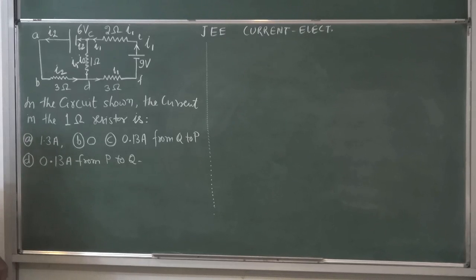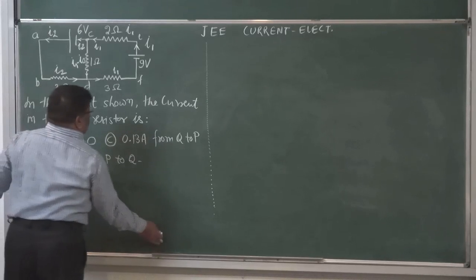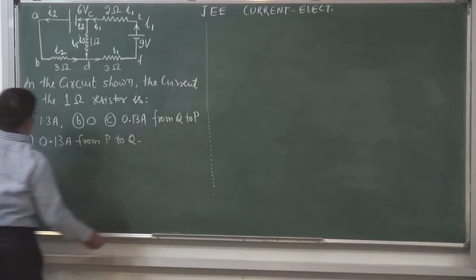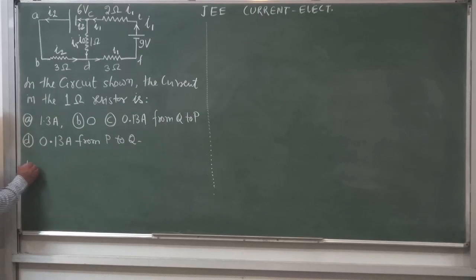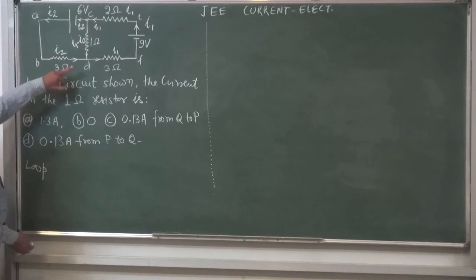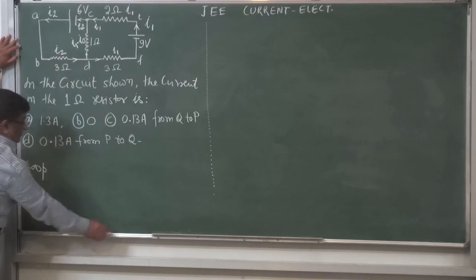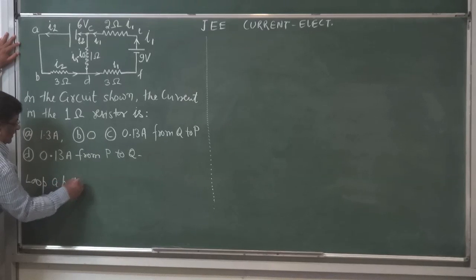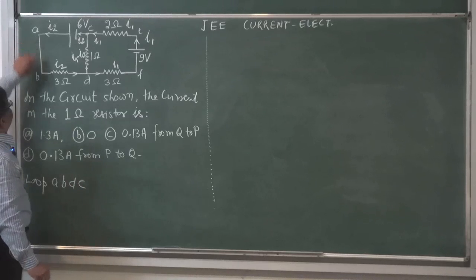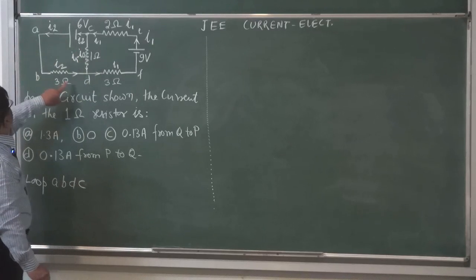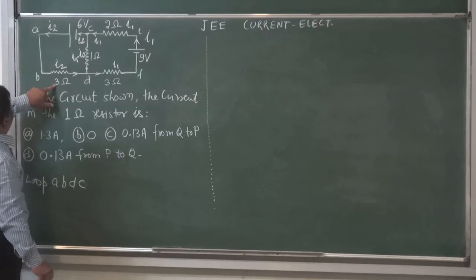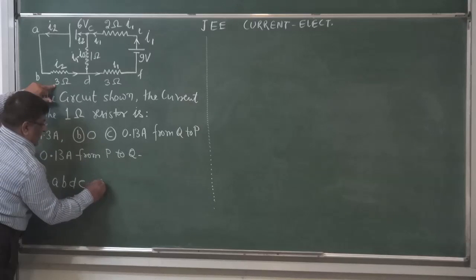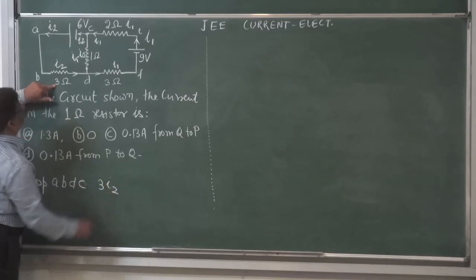Now we go to the loop law, and we have to take loops one by one. So loop A, B, D, C. This is I2 into 3 ohm, 3 I2.